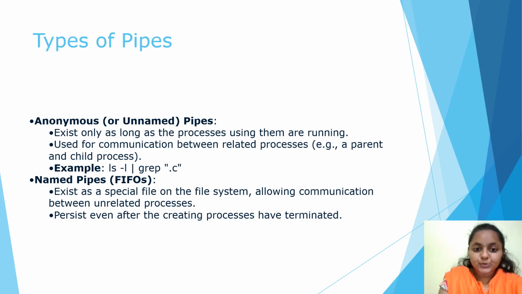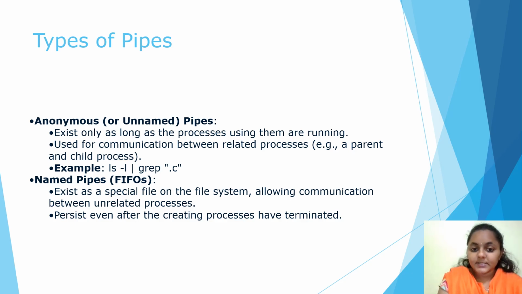There are two types of pipes. Anonymous pipes exist only while both processes are running and are used for communication between related processes. Example: a parent and its child. They are automatically destroyed after use and are common in Linux command pipelines. For example, ls -l | grep .c.